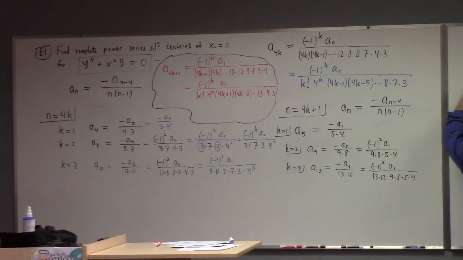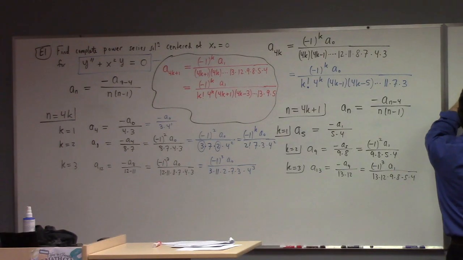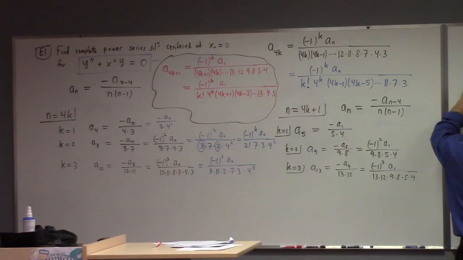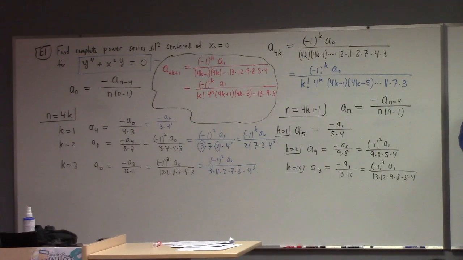And then plus a sub 1, again sum k equals 0 to infinity of minus 1 to the k divided by k factorial 4 to the power k times, what was it? 4k plus 1 times 4k minus 3.